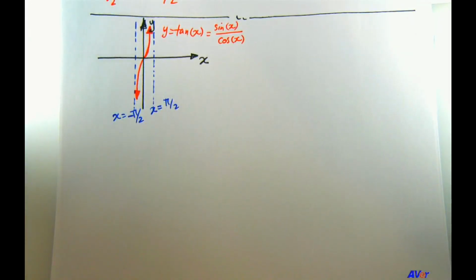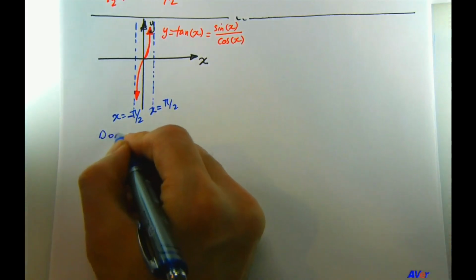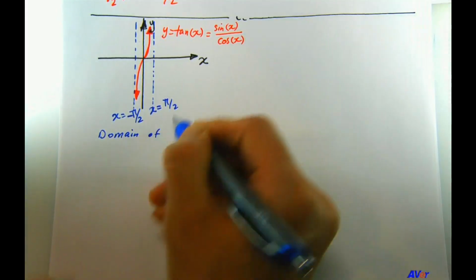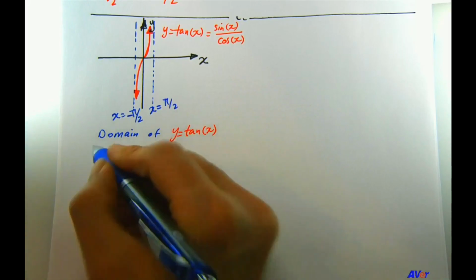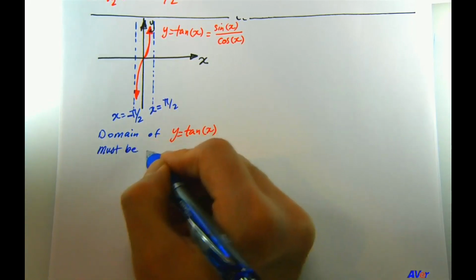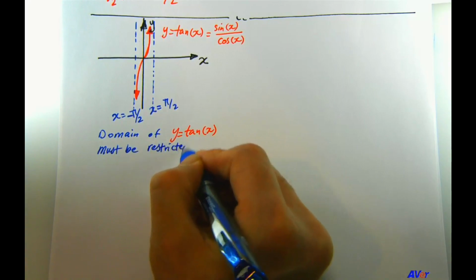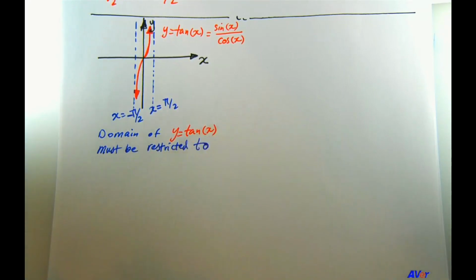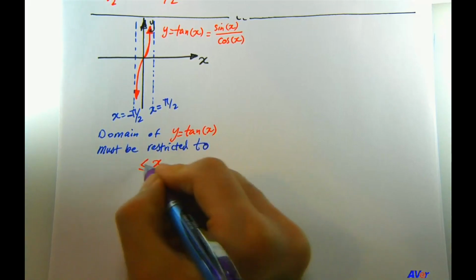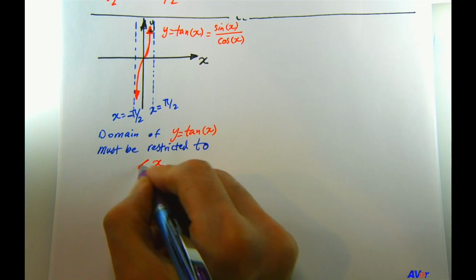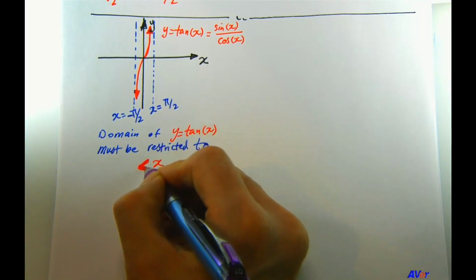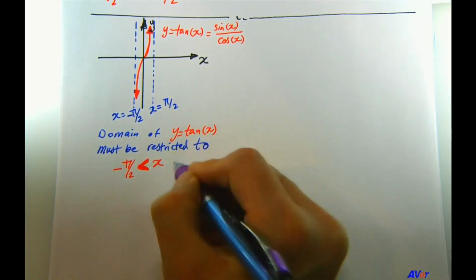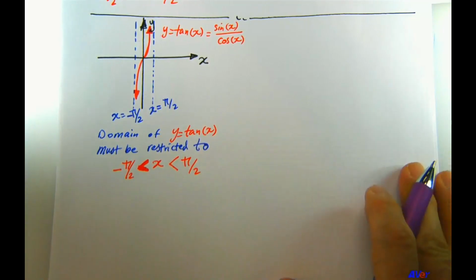So here we'll say the domain of y equals tangent of x must be restricted to x greater than negative pi over 2 and x less than pi over 2.